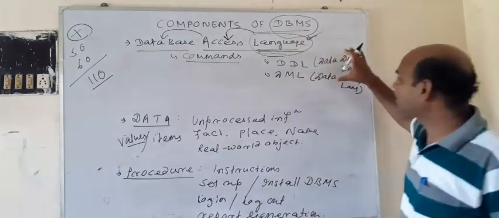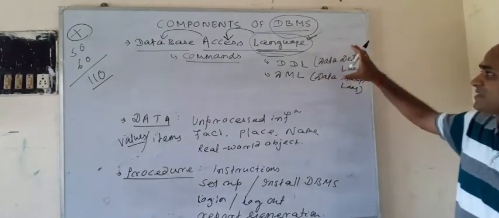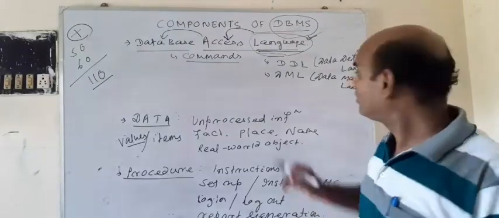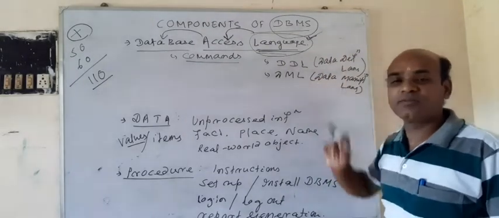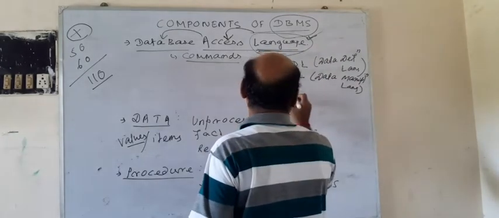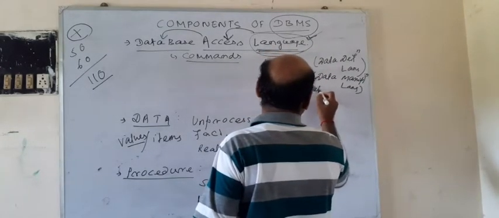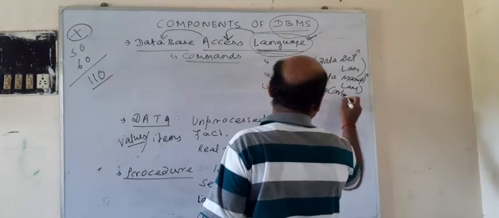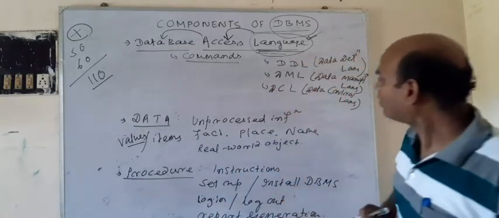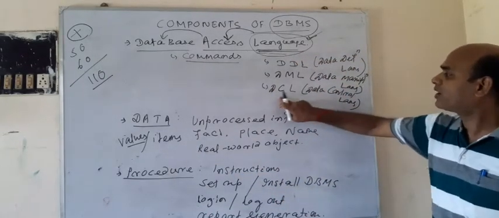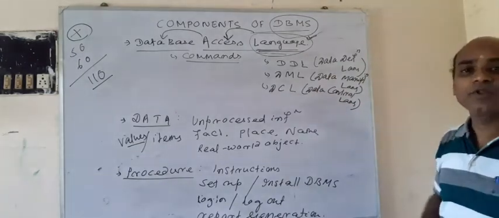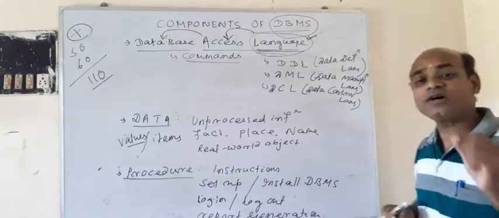So I am just putting this example. These are the database access languages. They provide two different important facilities, for definition and for manipulation. Another language is DCL, the data control language. It checks which user is being provided the data and whether the user has proper authentication.